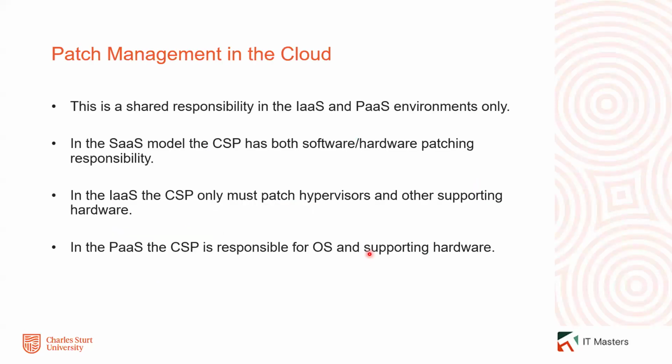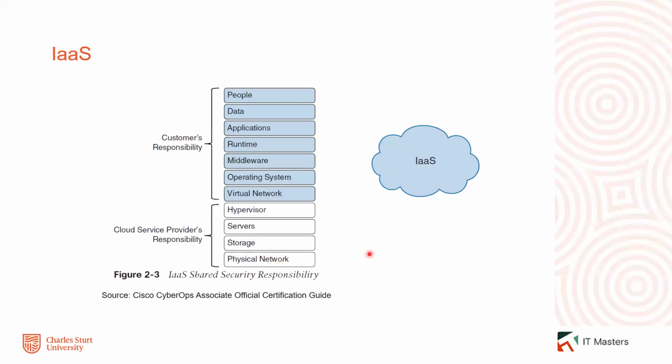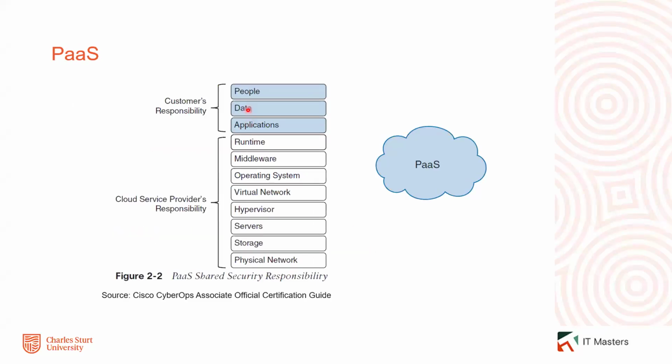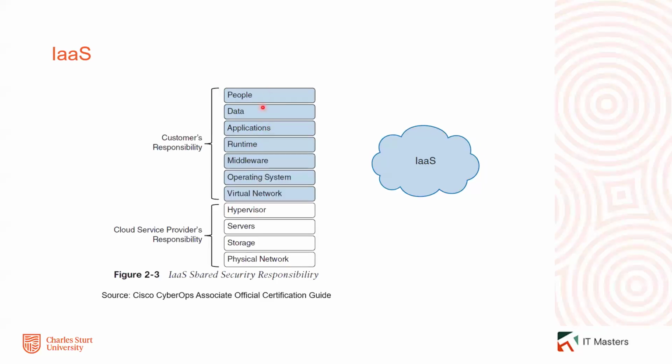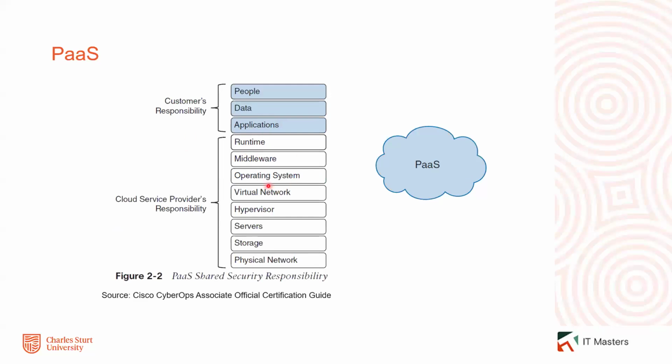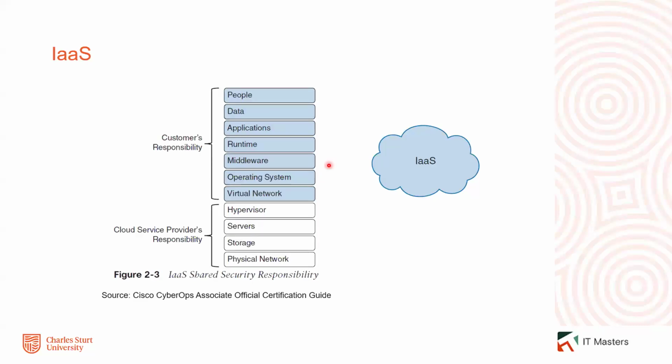In terms of patch management in the cloud, with all of these models, responsibility for infrastructure and platform is shared between the service provider and the end user, because as you can see, we have shared responsibility over data, applications, operating systems. Okay, so in platform, we've got operating systems with the service provider, applications with the customer.